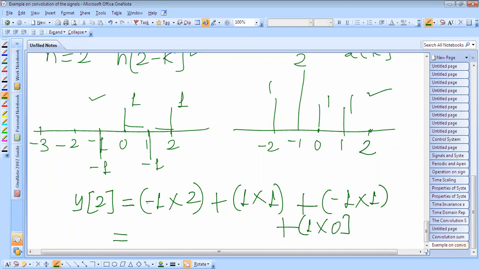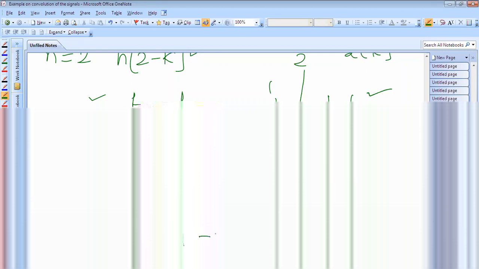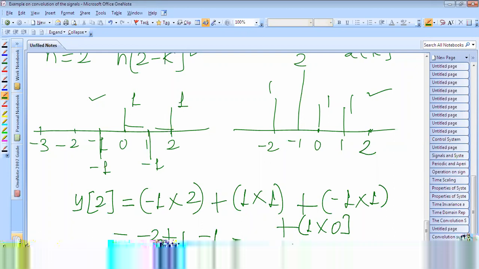Okay, so this is -2 plus 1, this is -1. So what will be the value? The value will be -2.